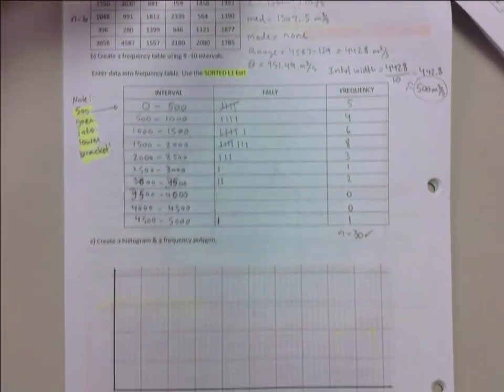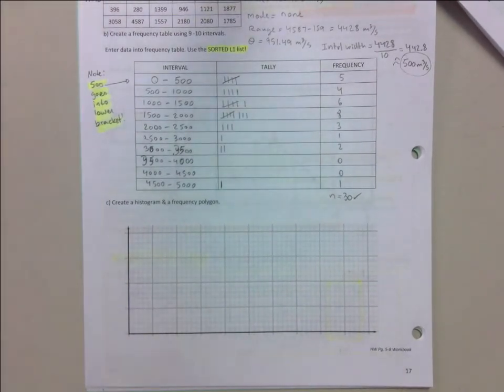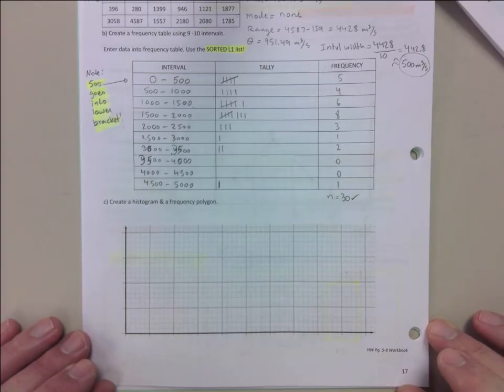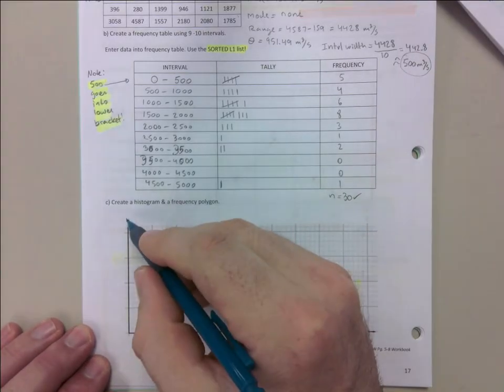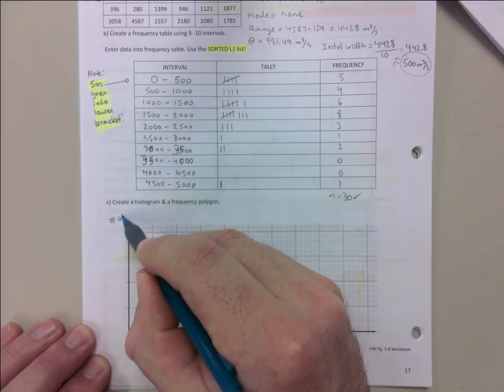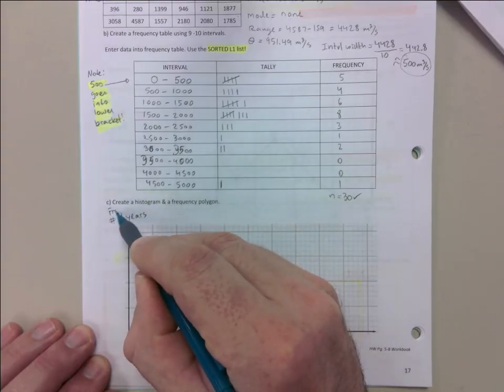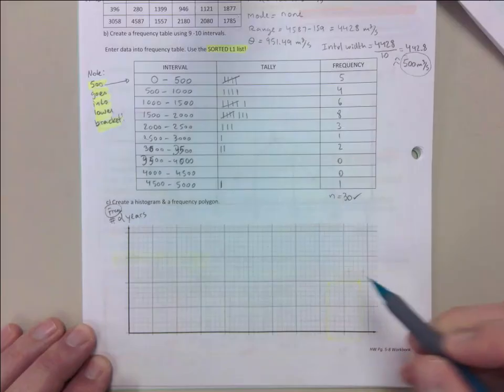So we use that table. Let's see if I can zoom out enough to have both of them on there. How is that? Shibas, you can see that? Okay, so here we go. In this case, frequency is number of years. That's the frequency.